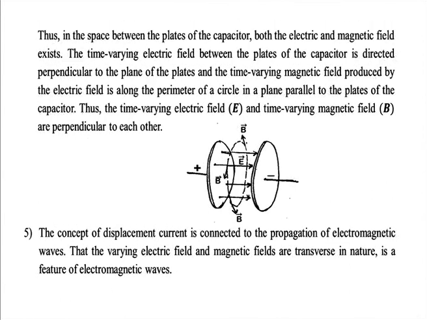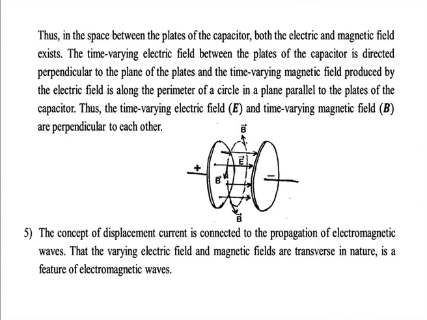It can be seen in the figure that there is a capacitor, and in between the plates there are two fields. One is the electric field while the other is a magnetic field. The time varying electric field between the plates of the capacitor is directed perpendicular to the plane of the plates, and the time varying magnetic field produced by the electric field is along the perimeter of a circle in a plane parallel to the plates of the capacitor.